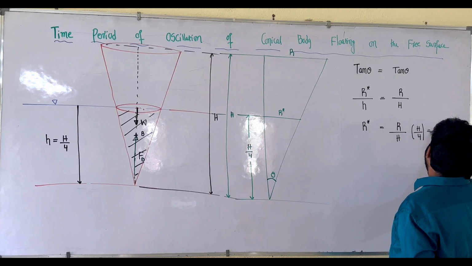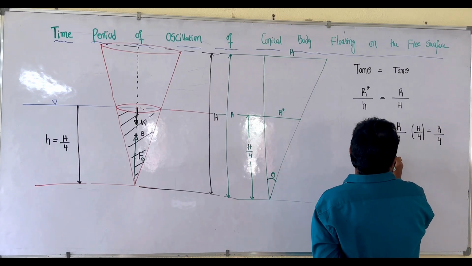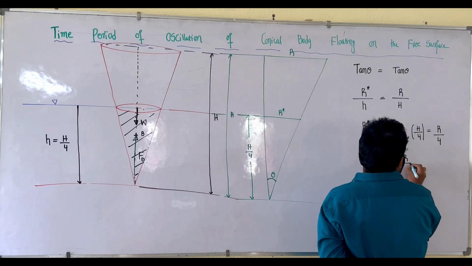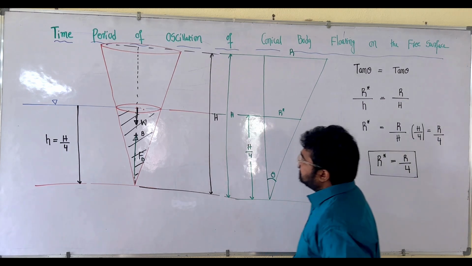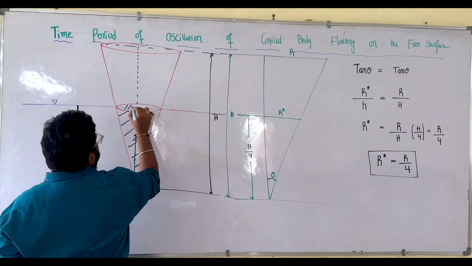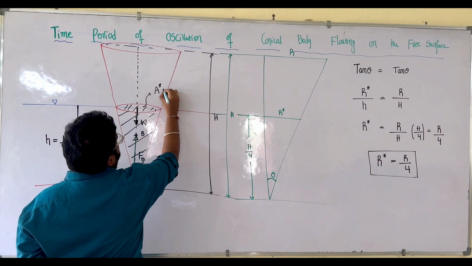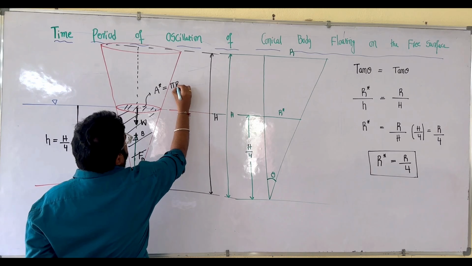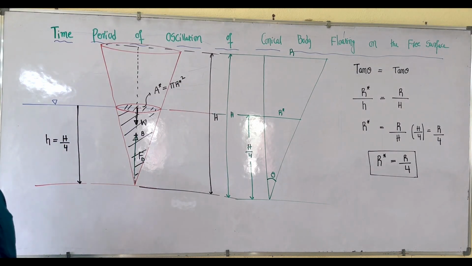That equals R by 4. R star is obtained, R by 4. Clear? R star is nothing but R by 4. Area projected onto the free surface: A star equals pi R star square.